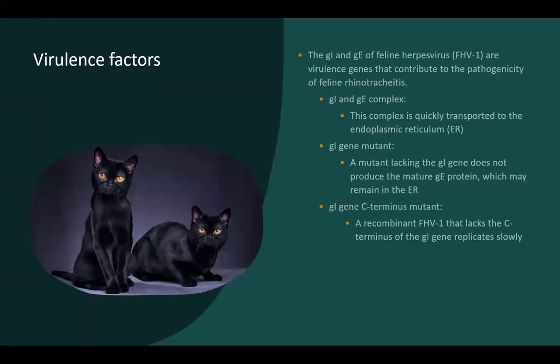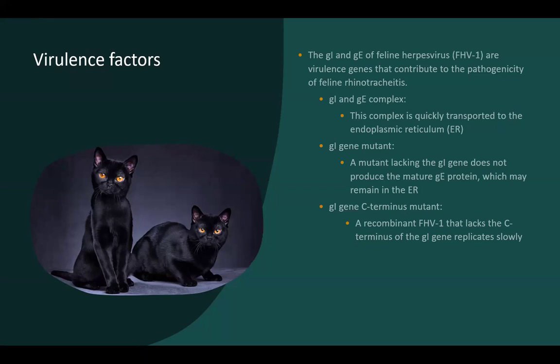So the virulence factors of feline rhinotracheitis: the gI and gE of feline herpes virus, FHV-1, are virulence genes that contribute to pathogenicity of feline rhinotracheitis. The gI and gE complex is quickly transported to the endoplasmic reticulum.